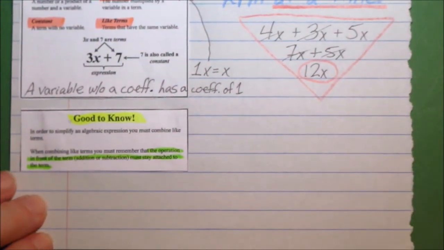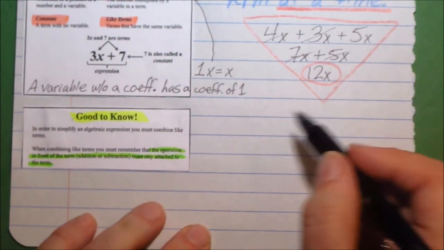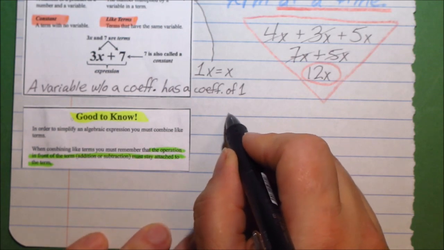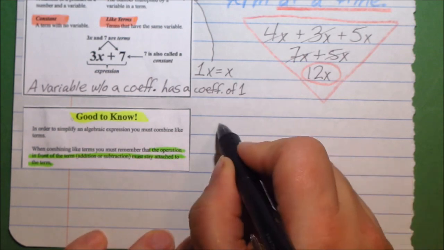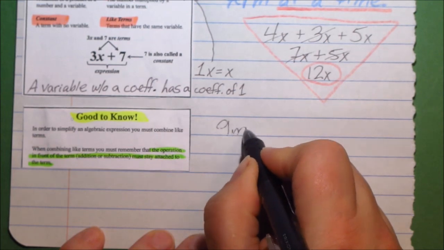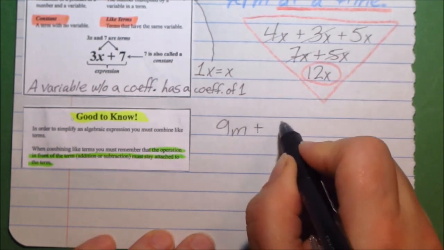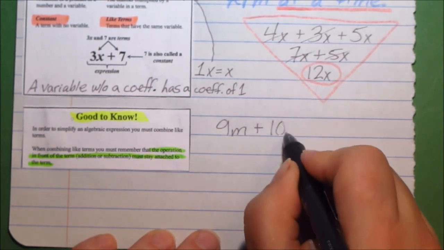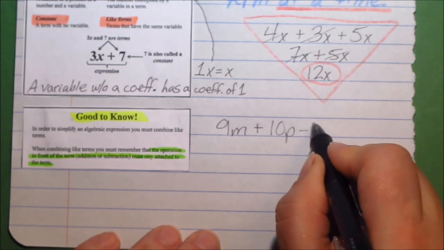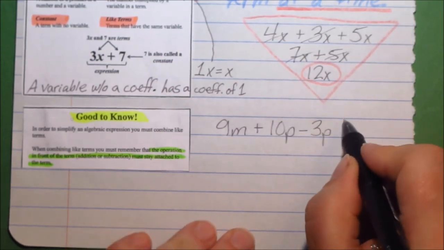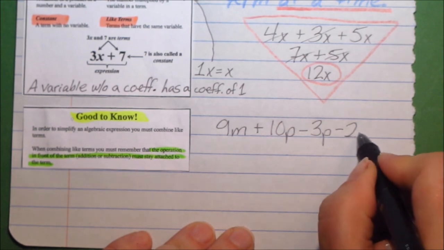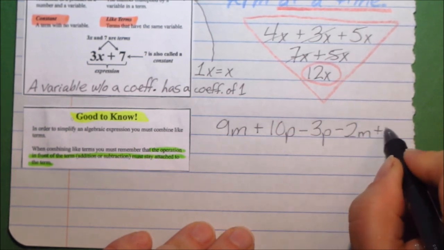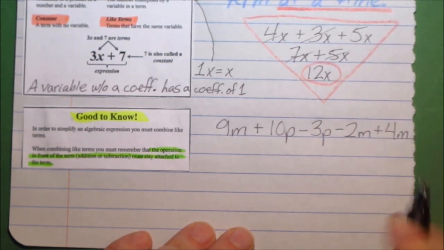Let's do this again, but we'll do it with one that's a little longer. All right? So this time I have 9m plus 10p minus 3p minus 2m plus 4m. All right?